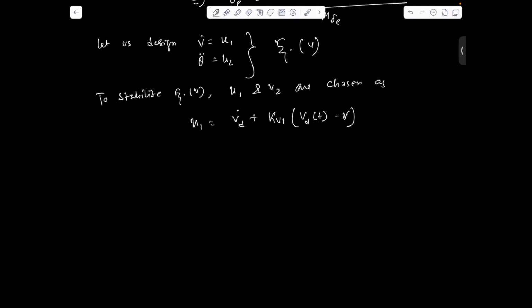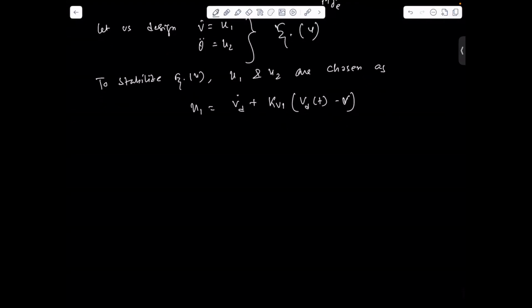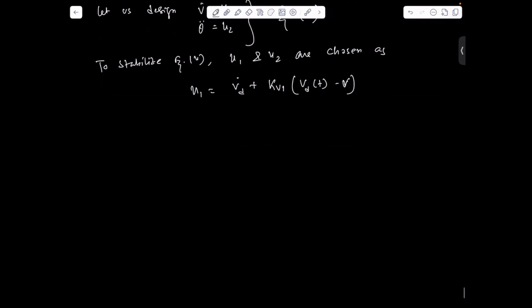So this is how we can find. Here U2 is designed to be theta d double dot plus k theta 1 times the proportional control theta d minus theta, and we are designing k theta 2 times theta d dot minus theta dot.